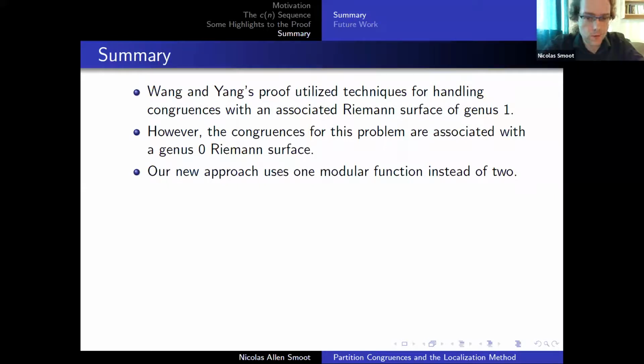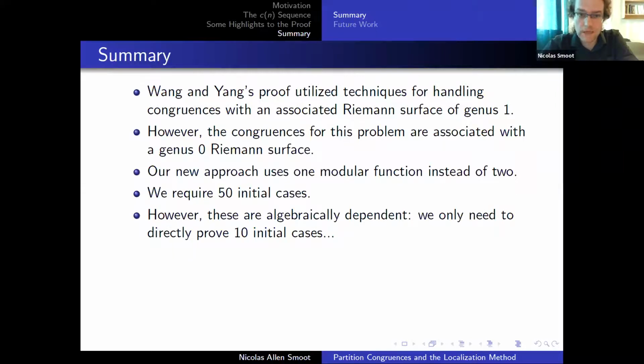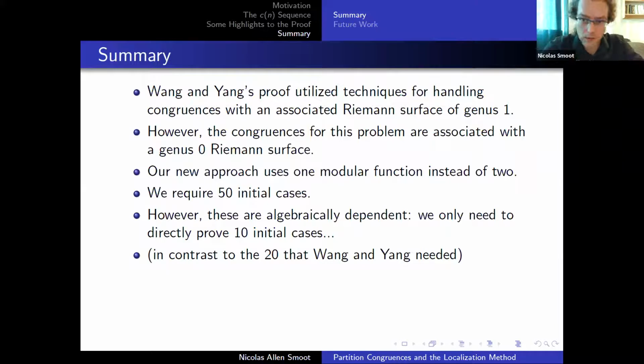So this new approach uses only one modular function instead of 2. So if you like, it's a one variable proof, because each of these identities you can express for each L are just identities in terms of a single function. We require 50 initial relations to sort of get the induction argument of the overall proof started, but they're algebraically dependent. They reduce to 10 cases. This is in contrast to the 20 that Wang and Yang need.